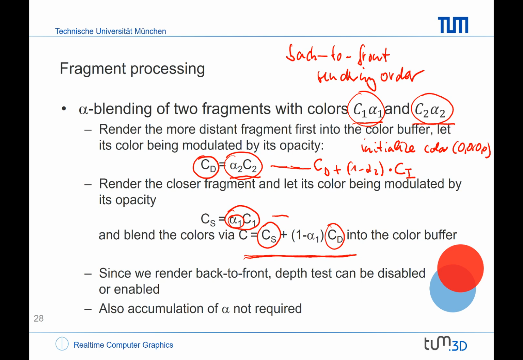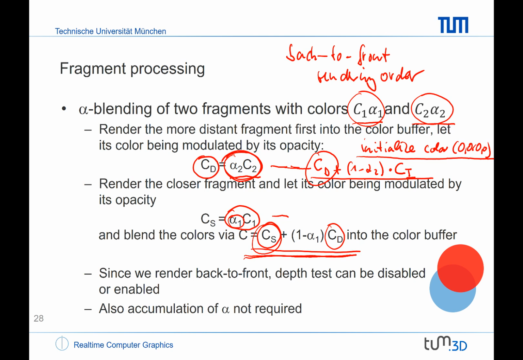If we initialize the color buffer with 0, we can then render all the fragments in back to front order, and whenever a fragment is rendered, we do the very same operation in the fragment shader. Compute the effective fragment color by multiplying the fragment color with its opacity, and then perform the blend operation which we have here. That's always the same blend operation: multiplying what we have already in the color buffer by 1 minus the current alpha value and adding the current effective color. And we are done.